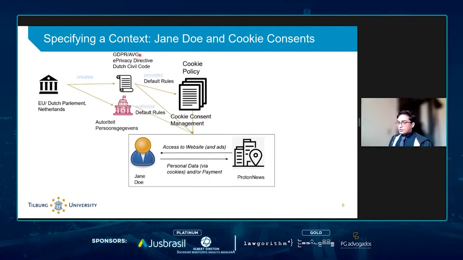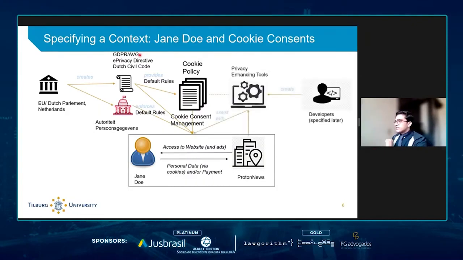We also have the Autoriteit Persoonsgegevens, which enforces these default rules and also provides guidelines for this interaction. But our focus today is on this side of the transaction, where you have developers providing privacy enhancing tools that assist Jane Doe in this transaction, and where you have Proton News providing its own cookie consent management platform.